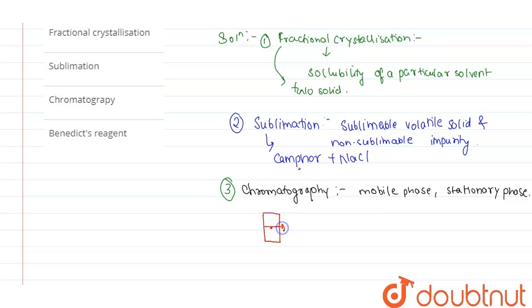Suppose I am marking it as A, and then this whole paper is dipped in the solution. This mark is above the solution and here we have the solvent all over. This layer is the mobile phase and this is the stationary phase.